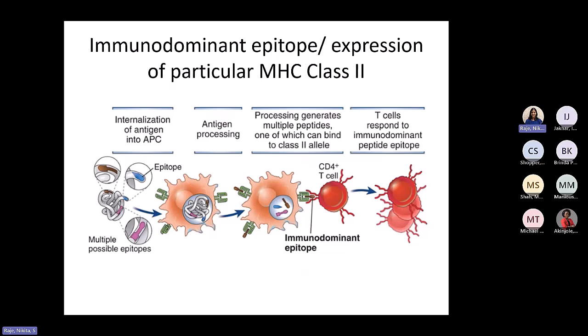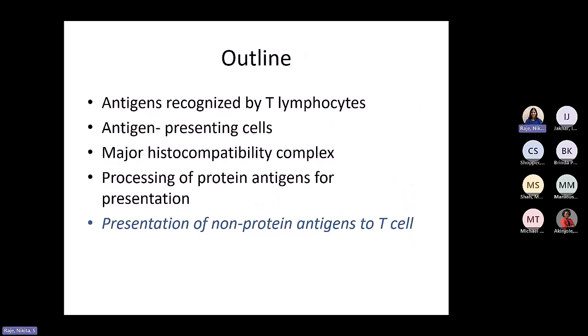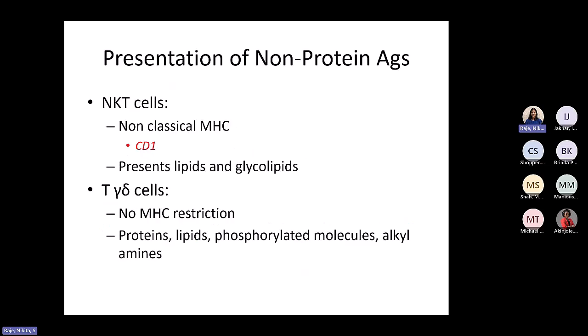Those immunodominant epitopes are the ones that are going to end up activating the CD4 T cells or CD8 T cells. Last in this slide, there are non-protein antigens like lipids, for example, that we'll talk about, or phosphorylated molecules that need to be presented to the T cells.